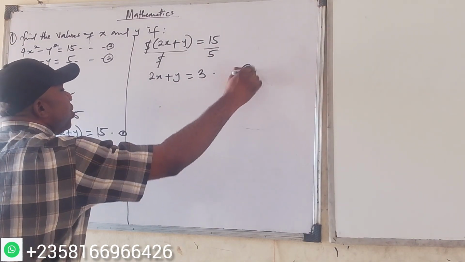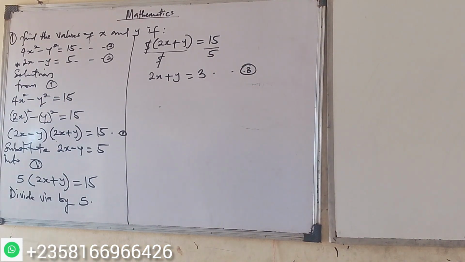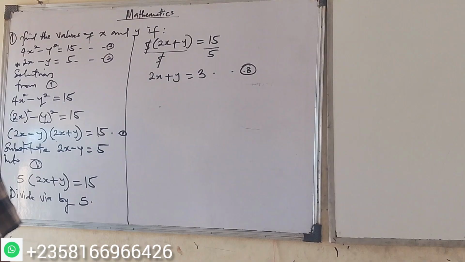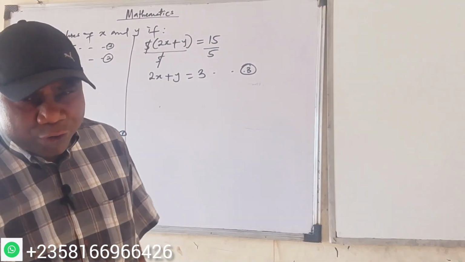Let's call this equation 3. So you can see that we have actually made equation 1 linear by substituting equation 2 into equation 1.